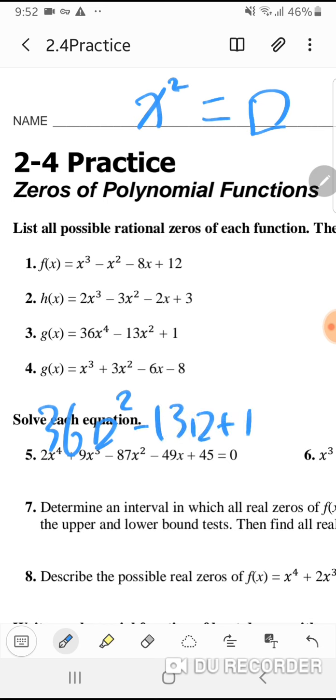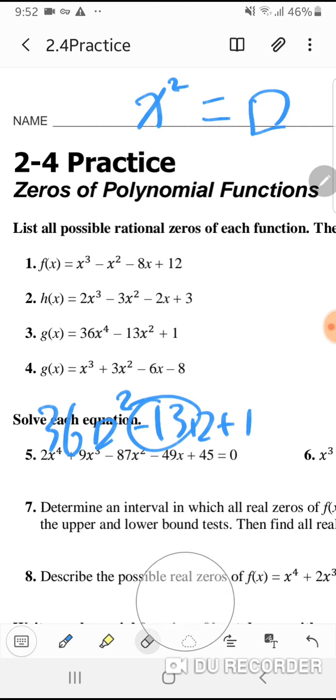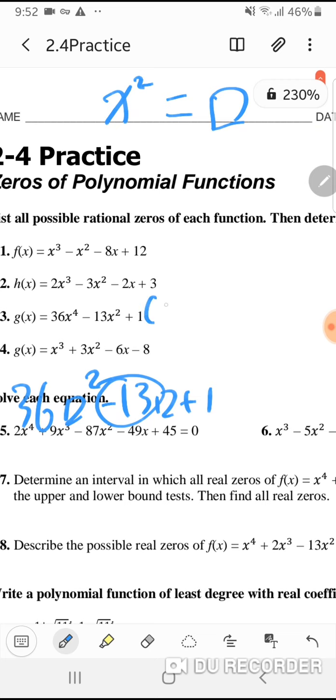And then we can just solve it as if it's just x. So that would be 9 and 4 square and 1 and 1, and -1, -1, and then we would be able to make minus 13 square. So if we change the square to x squared, that would be this.